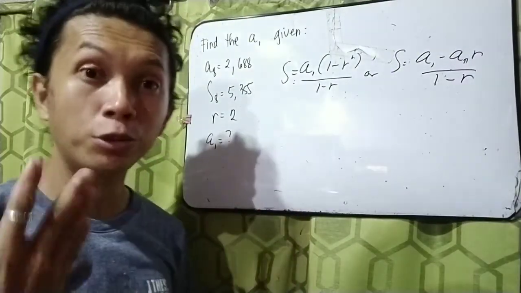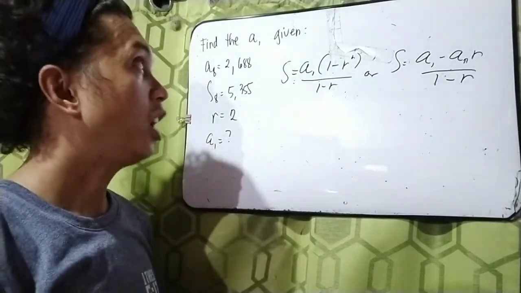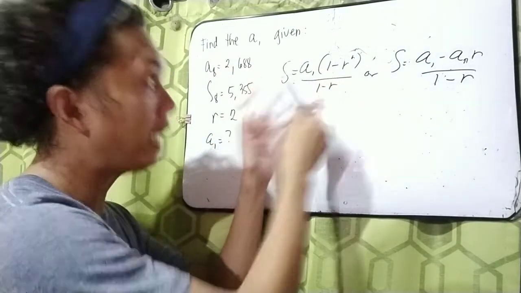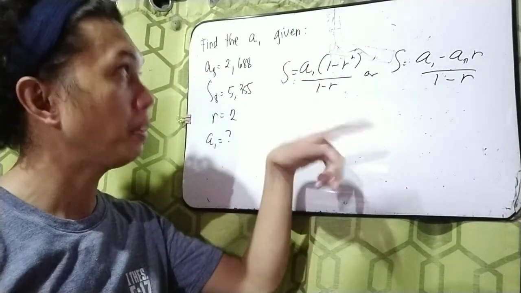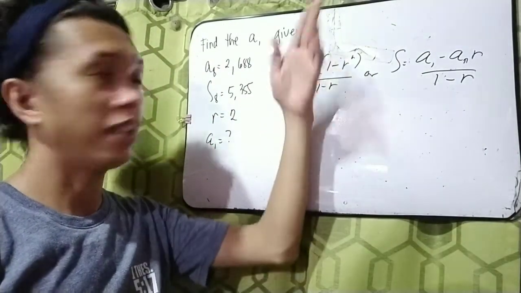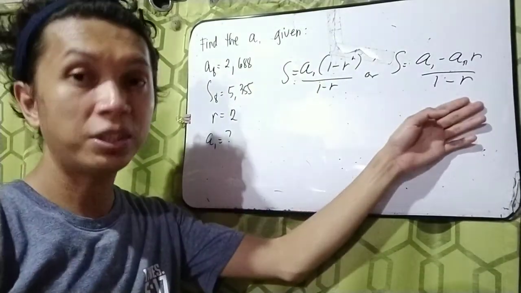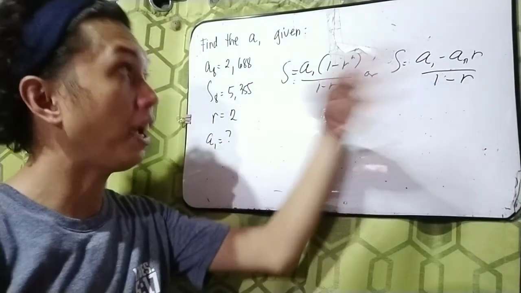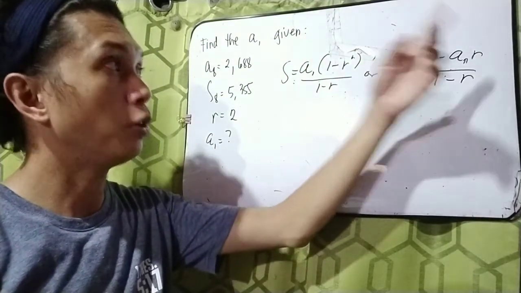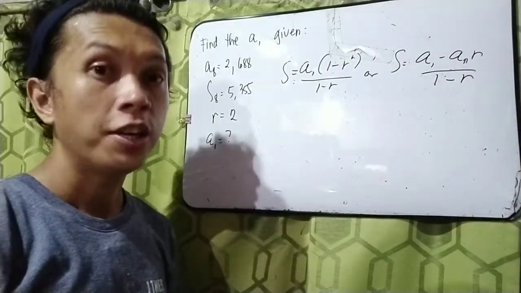Recall that we use the first formula if the given is the first term, the common ratio, and the number of terms to be added.